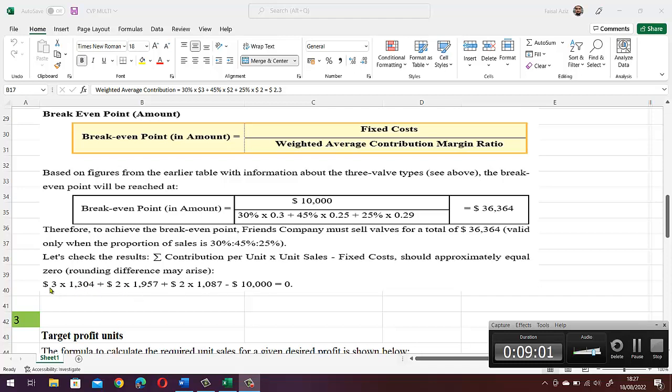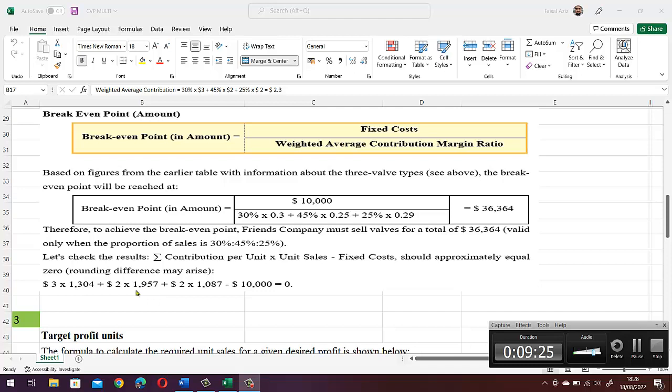As you can see, for truck valves the individual contribution was $3 and the quantity, the break-even units we have calculated, is 1304. Similarly for car valves and for motorbike valves, their individual contribution will have to be multiplied with their respective quantities.